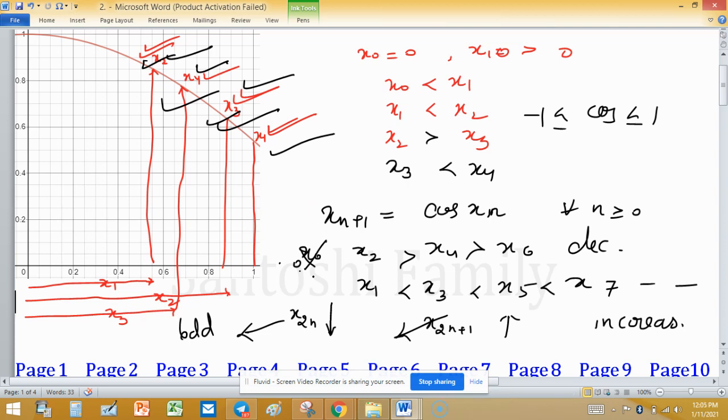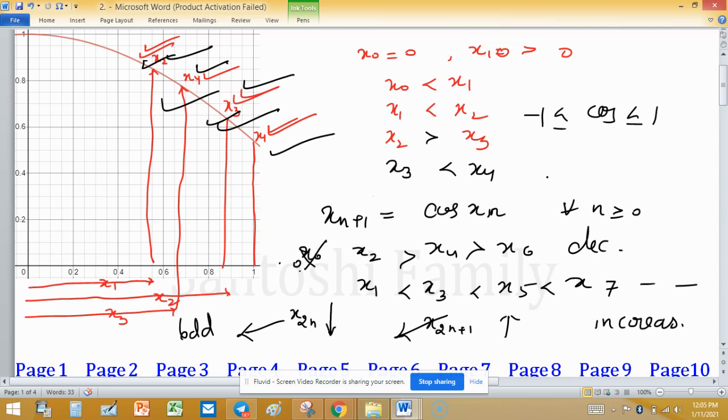It means the entire sequence converges. If only some subsequence of a sequence converges, then we can't say anything about convergence of the sequence. But if the subsequences contain all terms of the entire sequence, and we know the convergence of the subsequences, then we know the convergence of the entire sequence.